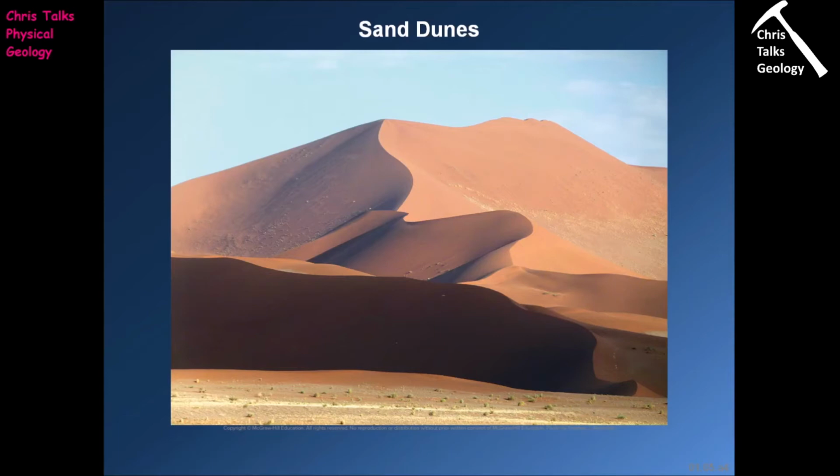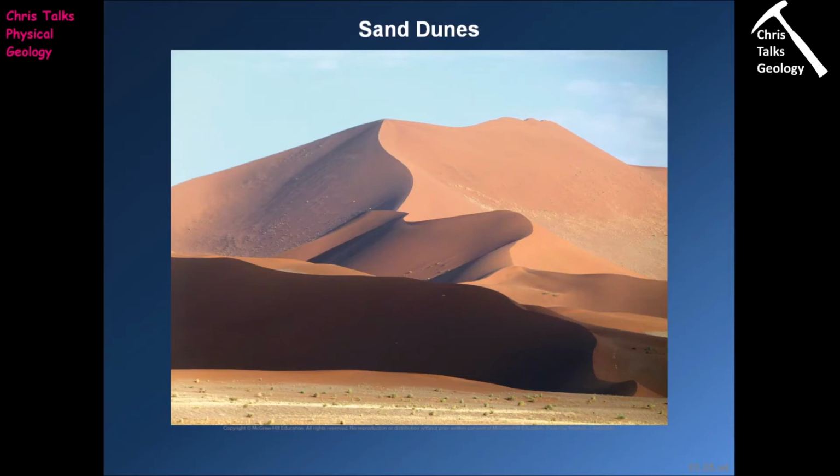Wind is typically not that strong, so it can't blow really, really large clasts of rock. It can't move them, they're just too heavy. So the wind tries to move them, it can't do it, so it leaves them behind. In contrast, the really, really light pieces of rock, the really small ones, are so small and so light that they can be picked up by the wind and they can get blown out of the area, huge distances away.